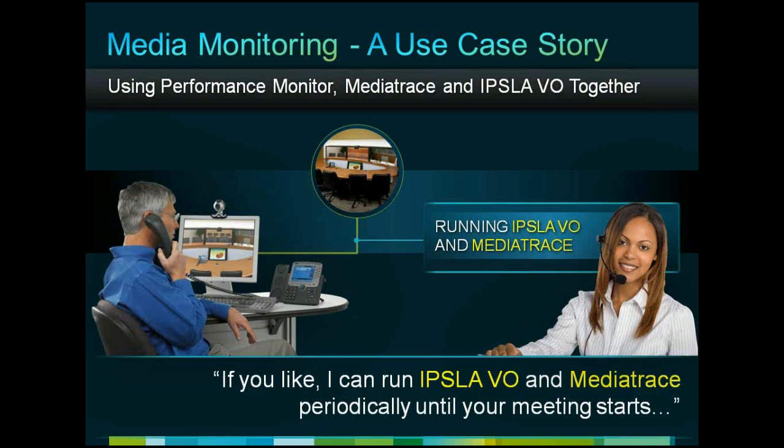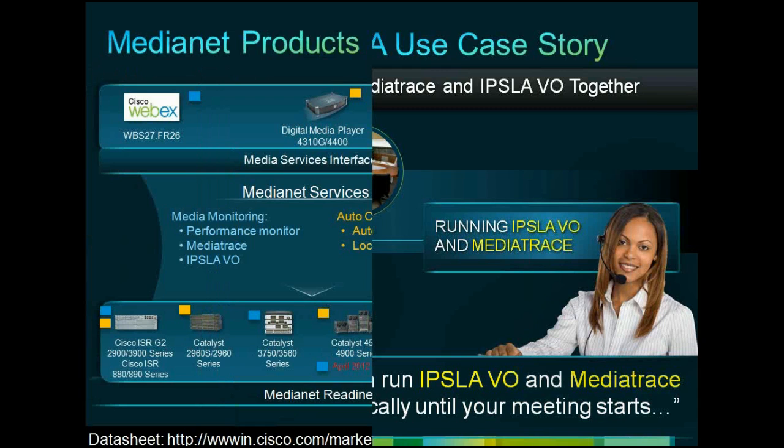It's still the case that things can go wrong. If somebody disconnects a cable, and I'm from Brazil, as usual somebody trips over a cable, who knows. Things still go wrong. The point here is, given the things you can do to prevent problems in important meetings and events, you can use these tools together to help you see what's going on before the meeting happens.